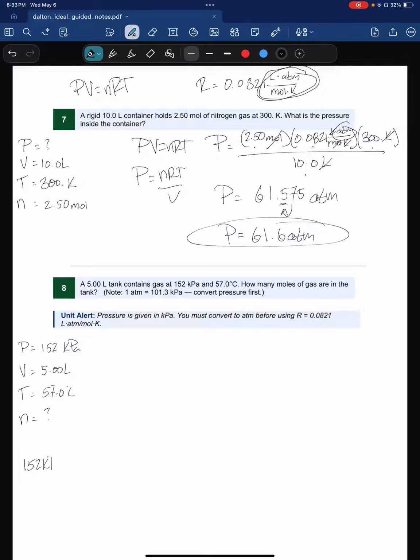152 kilopascals. I'll draw my box. I've got my conversion factor up here. Oh, that's not what I wanted. All right. 1 atmosphere is equal to 101.3 kilopascals. I'll grab my calculator.